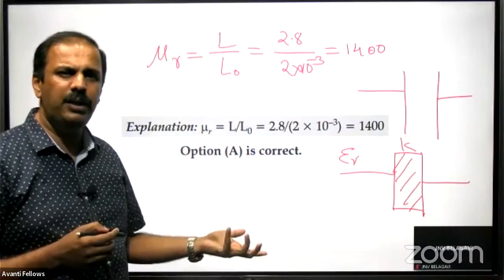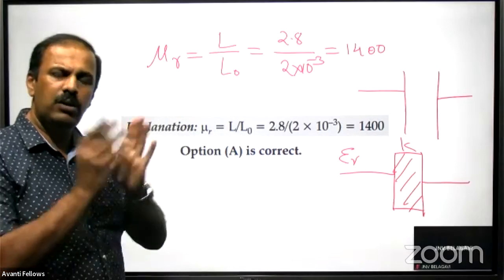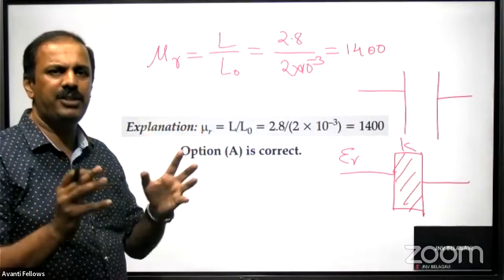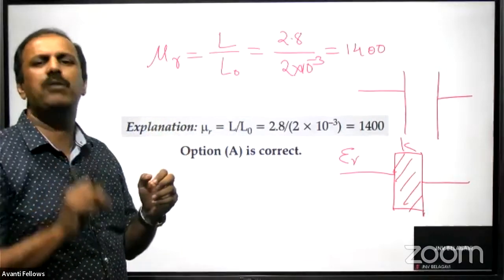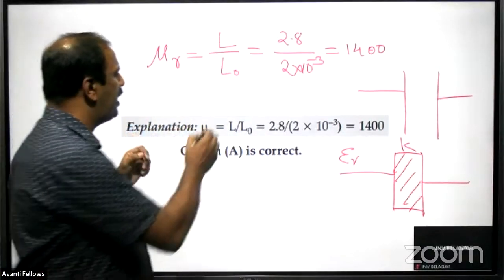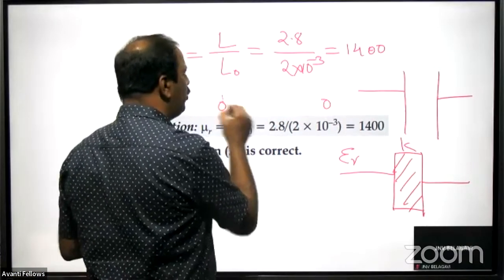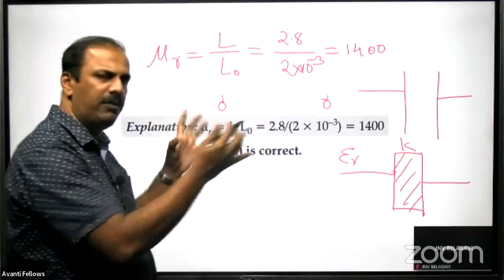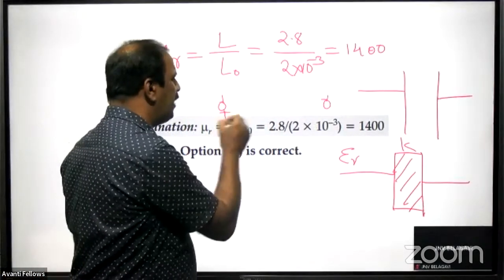Not only this, in the case of force also the same thing. You have force between two charges, and the ratio of the force will be based on the epsilon R value only. You have two charges kept here, one charge here, another charge here. In between vacuum is there, and we have a force between these two charges, whether plus and minus, or plus and plus.